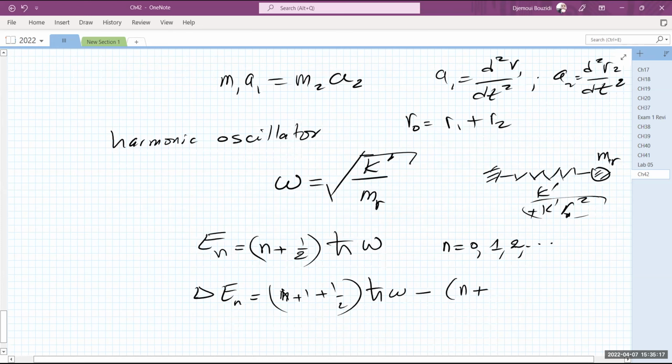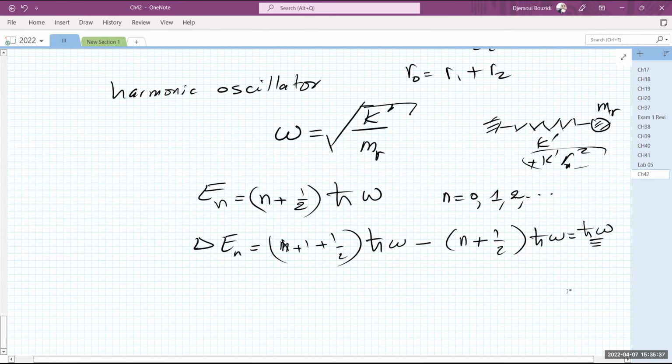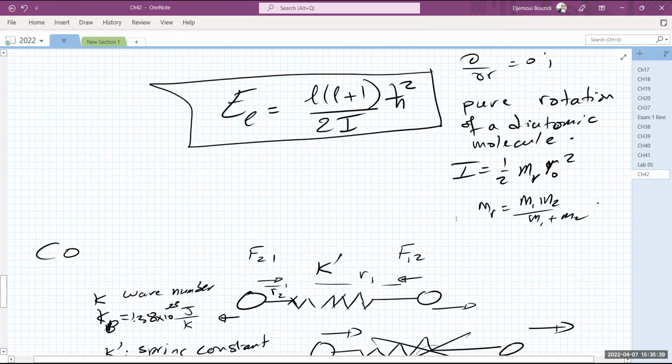So n plus 1/2 only, that's the lower one, and obviously everything cancels except h bar omega. So this is the quanta of energy that we're going to have for these vibrations. So the vibrations are associated with this much energy.